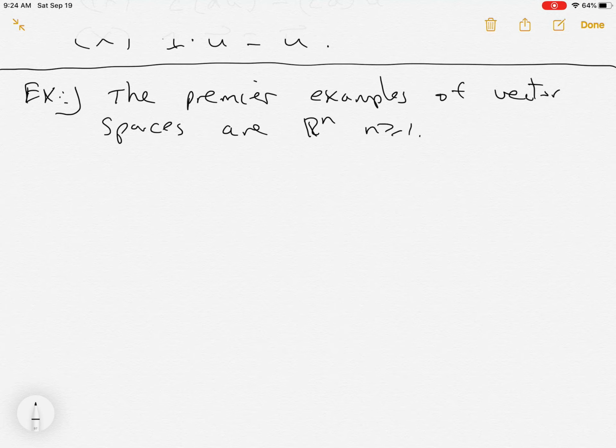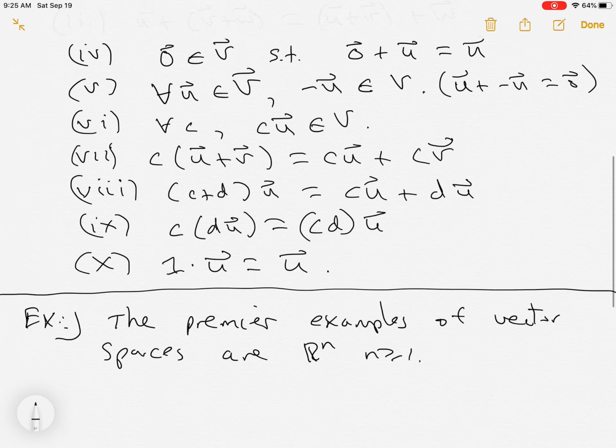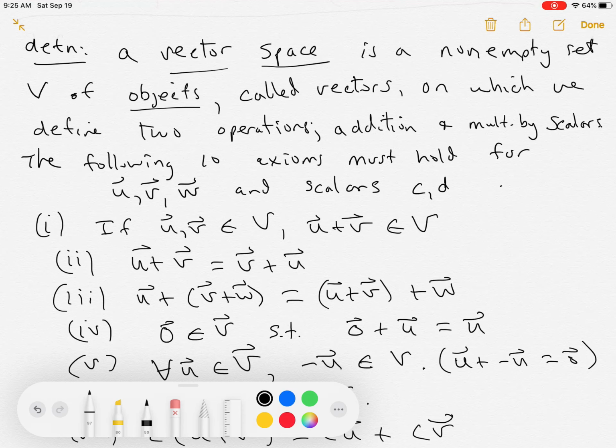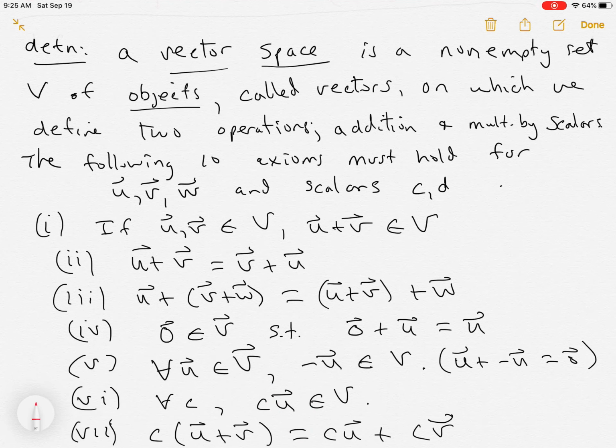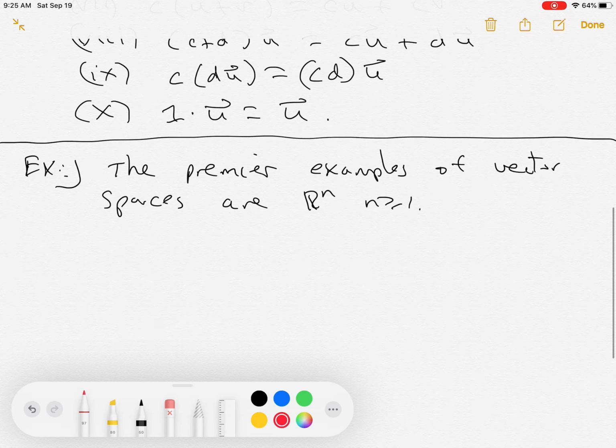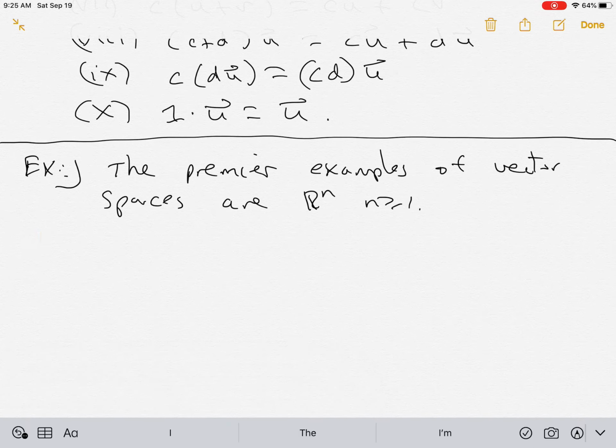So we've been working with a vector space all along, the premier example, but I don't want you to think that that's the only thing, because the vector space contains objects, which we call vectors. Now in R^n, the vectors are vectors, as we've been defining them so far, but as you'll see, there are other ways to define these objects.